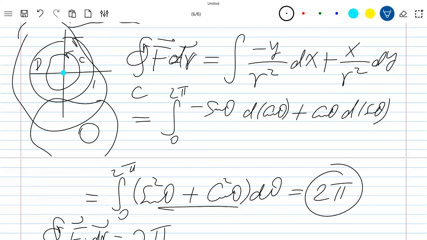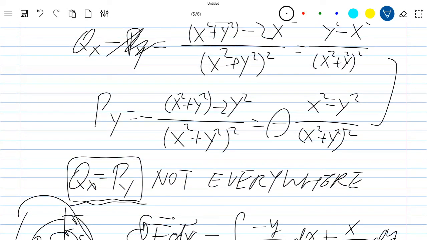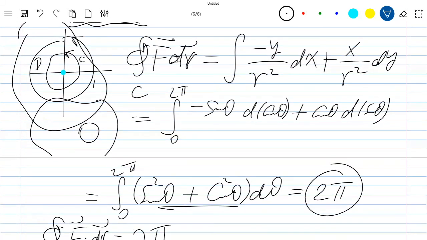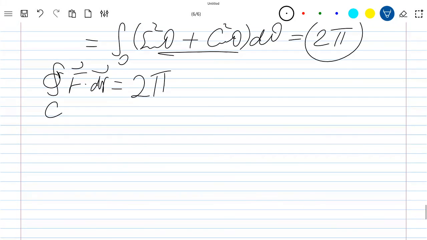Because it's in a domain that contains only points where this condition is satisfied. Right? So by Green theorem, it's 0. So the Green theorem can have some very fancy applications. Okay. And I think that's it for this chapter, for this section. We'll continue next time.